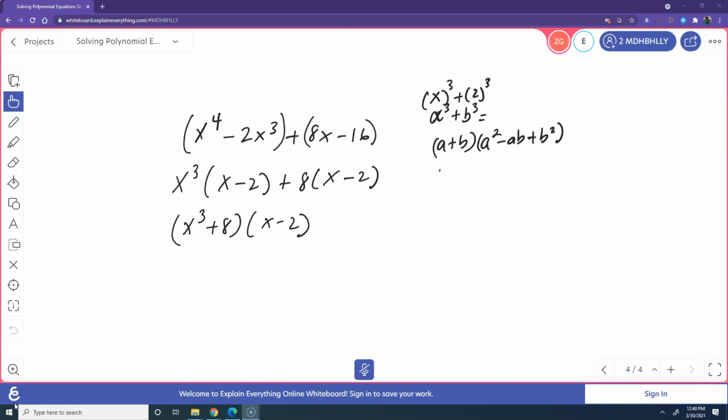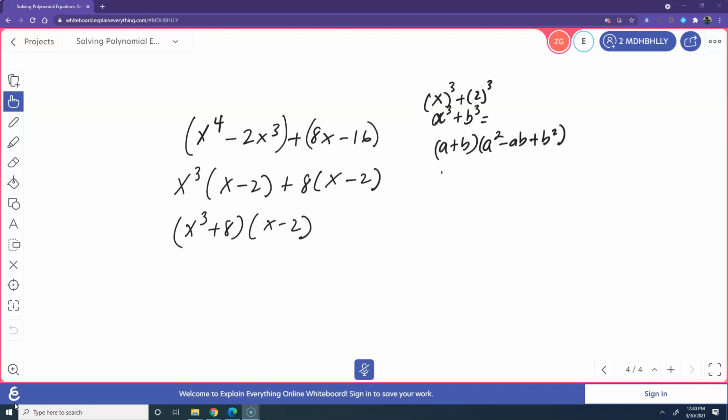So I'm factoring x cubed plus 8: we have x plus 2 times x squared minus 2x plus 4. And so what are our factors? We have x minus 2, x plus 2, and x squared minus 2x plus 4.